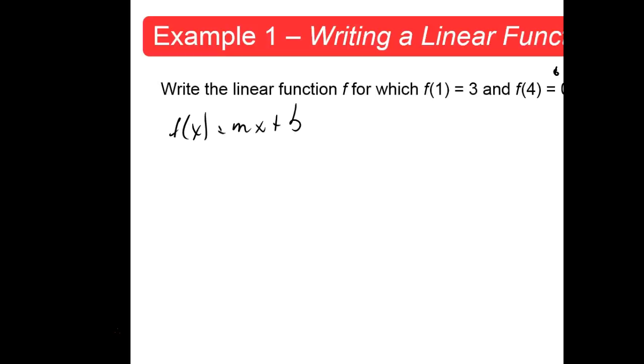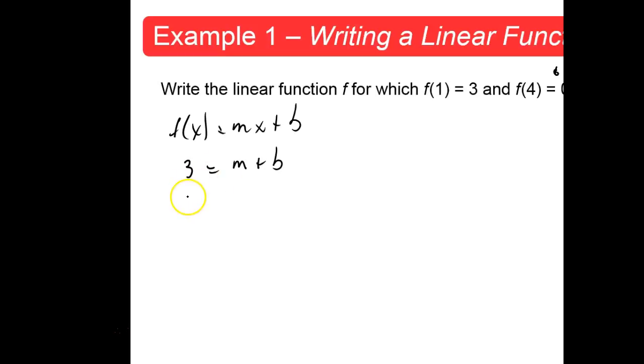That is really a great way to do this. I was expecting a different answer, but this will be fine. Let's do exactly what he said. When you put a 1 in for x, you get a 3 for f of x. So this will be 3 is equal to m times 1 plus b.